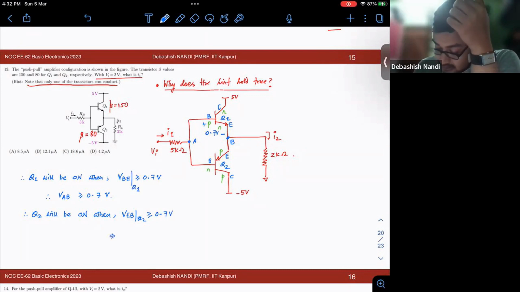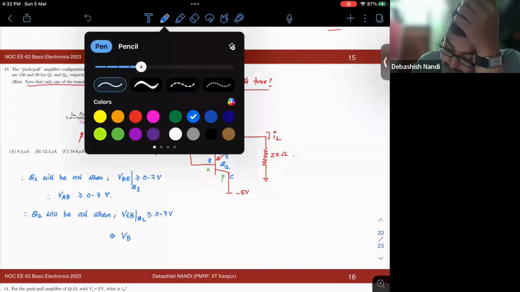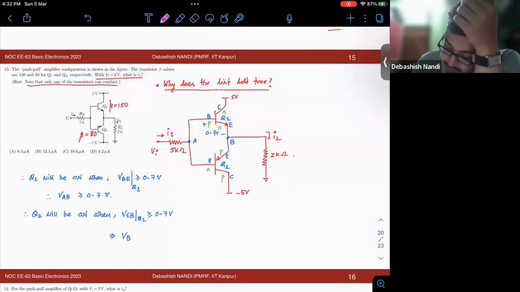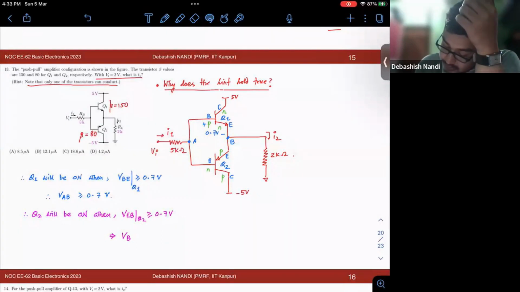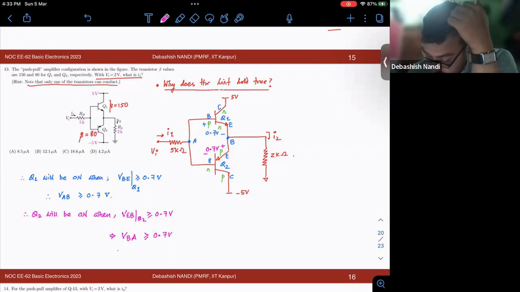That means VBA is 0.7 volt, VBA greater than or equal to 0.7 volt, or VAB less than or equal to 0.7 volt.